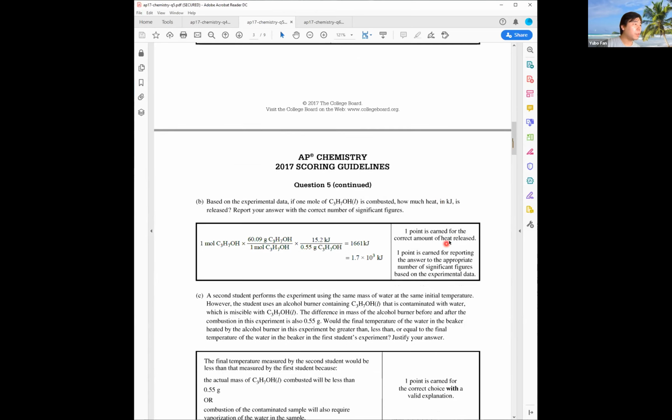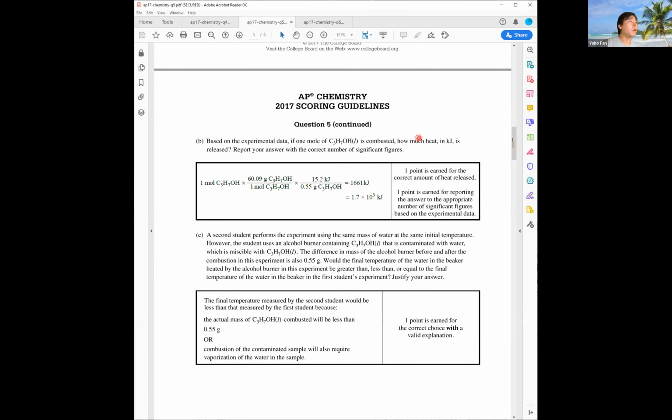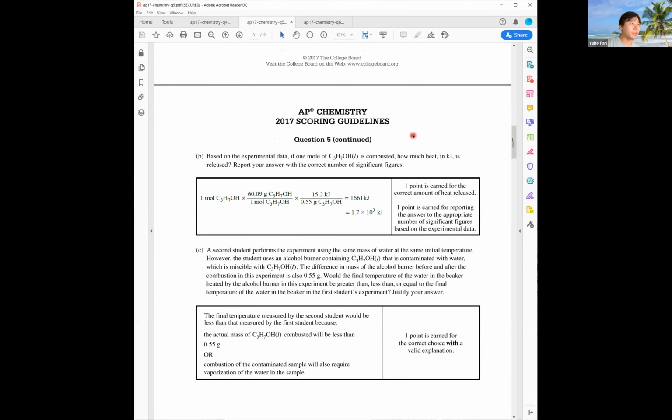So next one: based on the experimental data, if 1 mole of isopropyl alcohol is combusted, how much heat in kilojoule is released? Report your answer with the correct number of significant figures. So we know the heat released by the combustion in the first question.